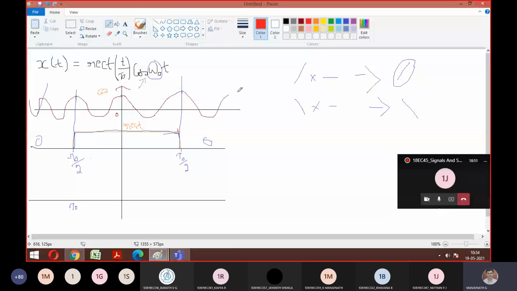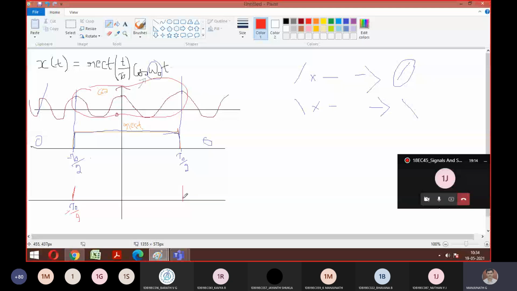Yes, sir. So what type of signal can we expect? Can we expect this sinusoidal signal at the output level? Yes, sir. Sinusoidal. See, at T naught by 2, I mean at minus T naught by 2, this is a constant level. So here also I can take a constant level, because it is increasing, right?